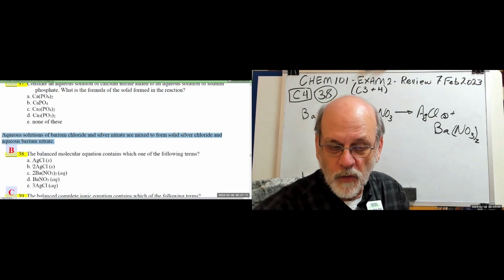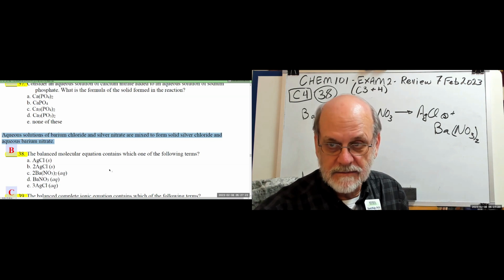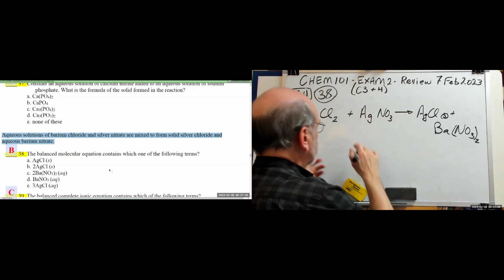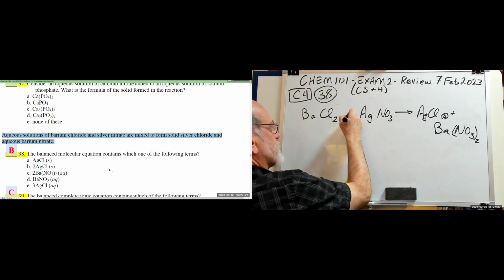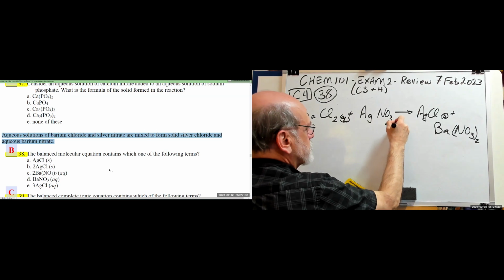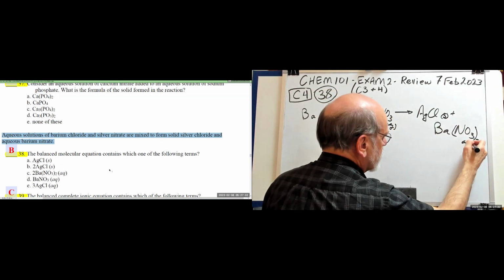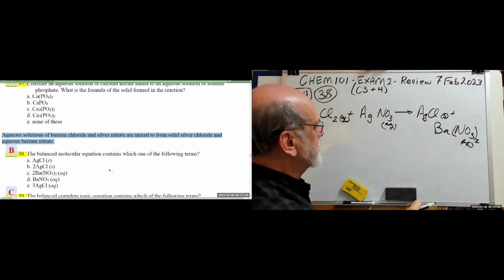So what we're looking for is the balanced equation and the coefficients if they apply. All right. So maybe I better write this in here. This is aqueous, and this is aqueous. Okay, let's balance them.